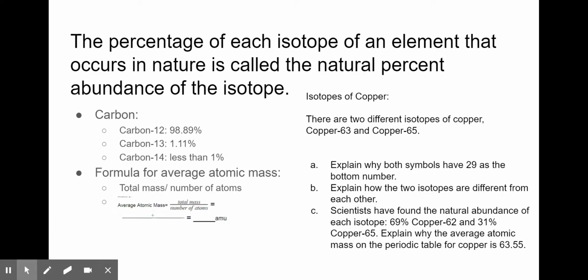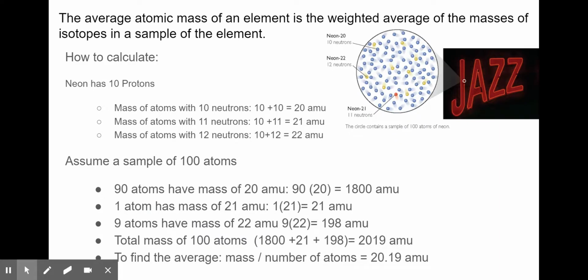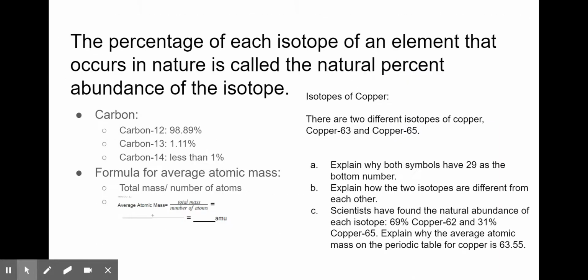The percentage of each isotope of an element that occurs in nature is called the natural percent abundance of the isotope. We're not going to do really too much with this, but understand we can figure that out from what we just did with the neon, okay?